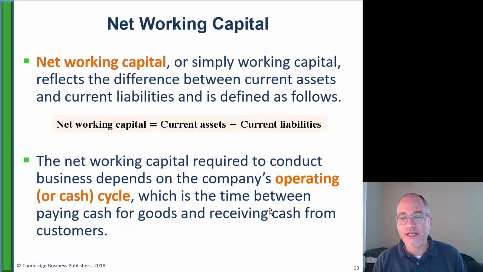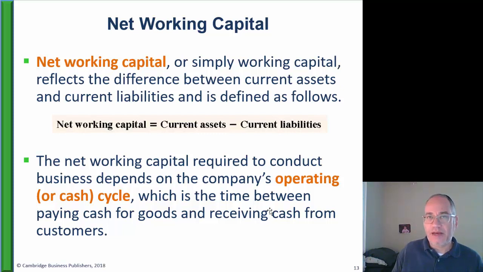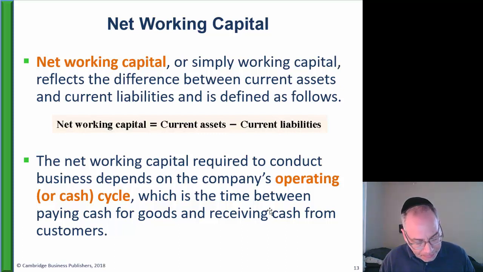There's also something called the operating cycle. This is the period of time on average between when you buy your inputs and actually pay for them and you collect money from your customers. So when you think about a business, they have the supply chain, which we talked about briefly in the last chapter, and you first buy raw materials and you pay for them.